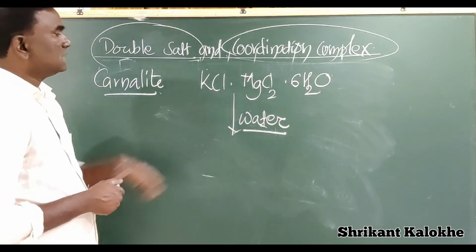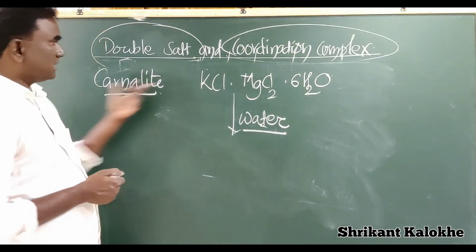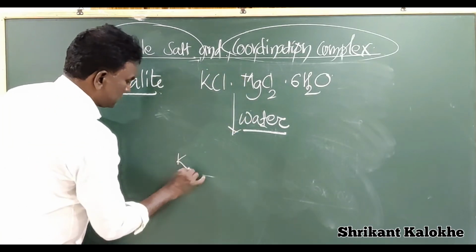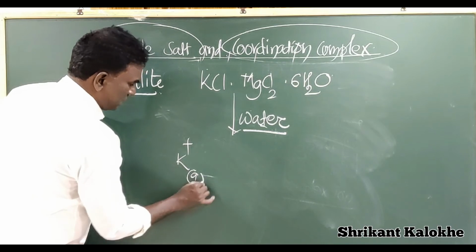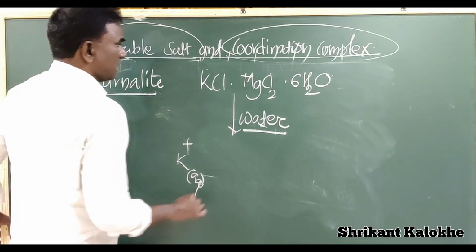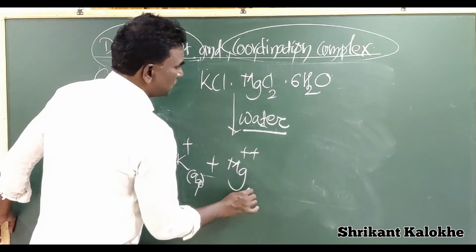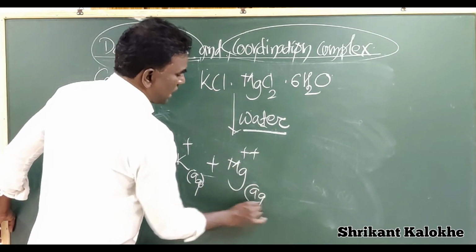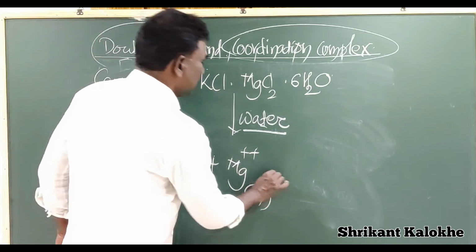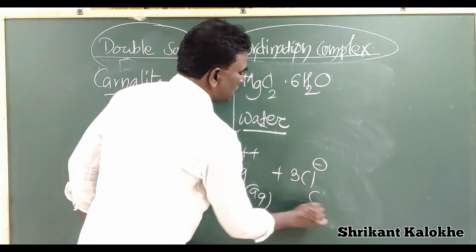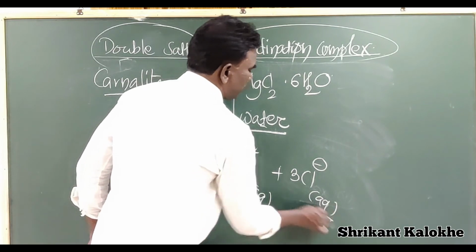And what happens upon dissociation of carnallite in water? You get K+ ions in aqueous form plus Mg++ ions in aqueous form, and 3 chloride ions in aqueous form.